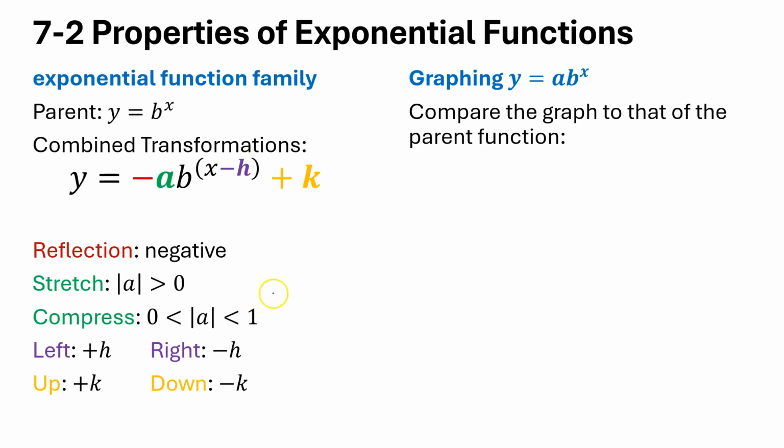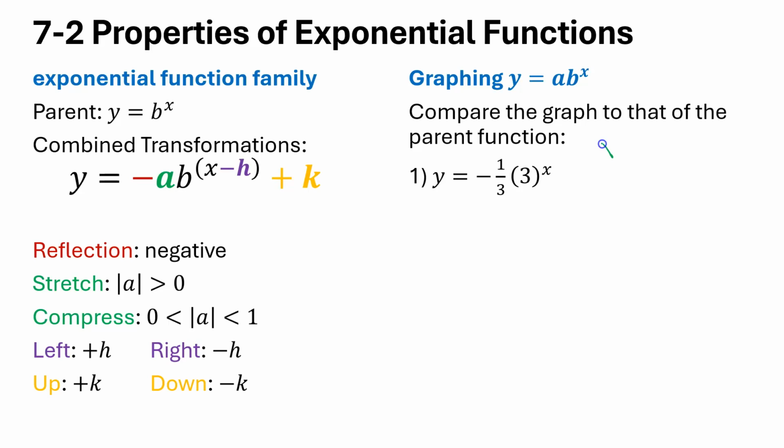So let's have some comparison of the parent function to these upcoming functions here. Again, it should just be a number raised to x. Any other symbols correspond to transformation. And if we look, you can start looking from left to right. The very first thing we see is this negative.